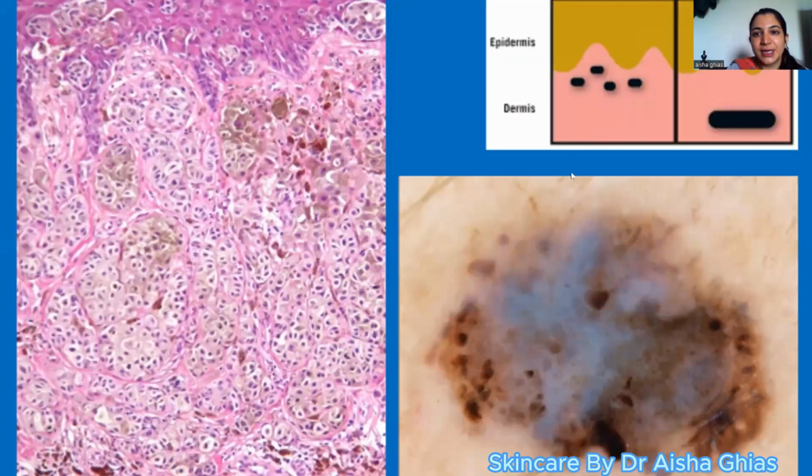If you see on the right-hand side, this is the lesion in dermoscopy, and in dermoscopy we saw these blue areas, gray or blue areas. The gray or blue on dermoscopy shows that there are melanocytes or melanophages or free melanin down in the dermis.